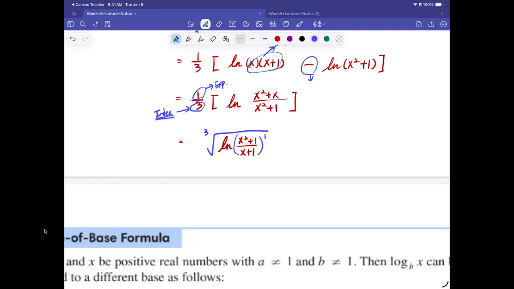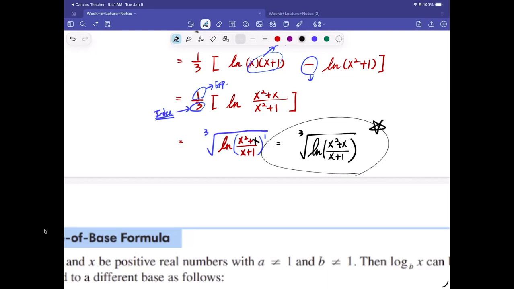So that is just third root of, oops, sorry, this is x squared plus x. So one exponent, you don't have to worry about that, right?